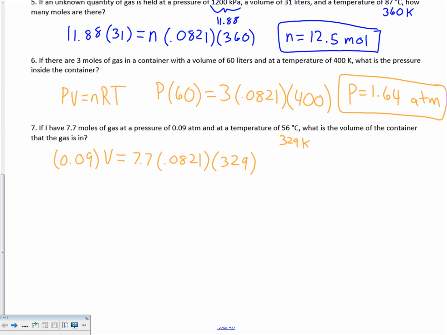Do the algebra on that one, you solve it, you get volume equals 2,310 liters. Now you might have gotten 2,311, and the deal is I'm just rounding everything to 3 sig figs, and so that's why it says 2,310.